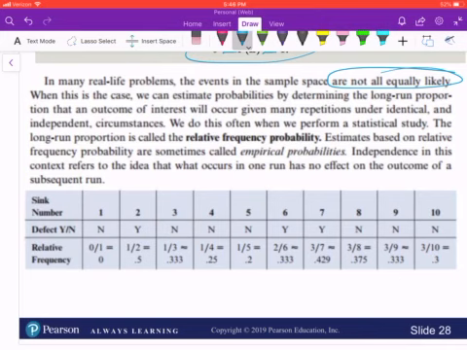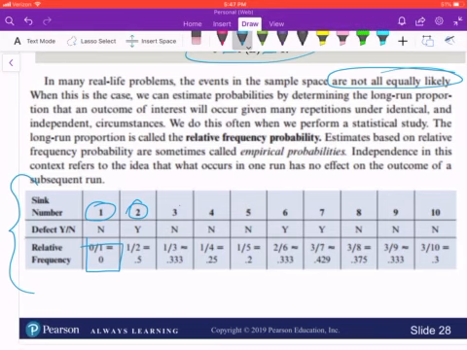So in those cases, you sometimes have to create tables like the one we have here. In this case, we have different trials, and they are testing some ceramic sinks.